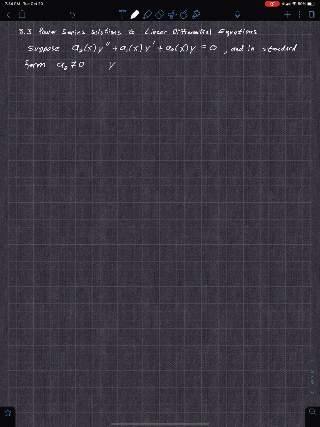And we get y double prime, plus p of x, y prime, plus q of x, y equal to 0. All right, so we've seen that before. That's the standard format we use to make it a little more reasonable. We're going to look at singular points here in a second.